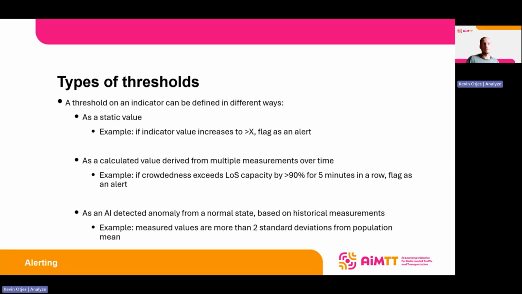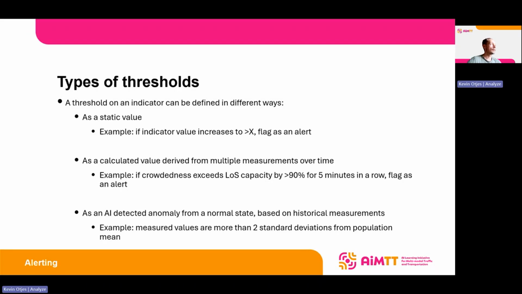What is also a very useful application of artificial intelligence is anomaly detection. Anomaly detection is based on having a normal state for your data for a certain type of indicator, and then being able to flag measured values that are significantly different from the previous measurements. At that point, the anomaly detection would basically tell you something is happening that is not expected.